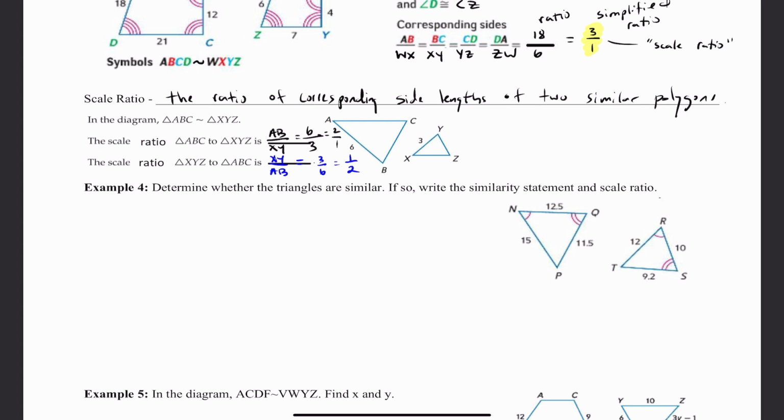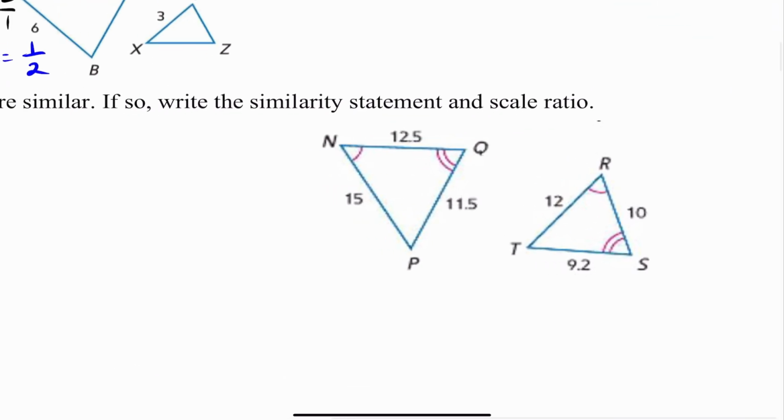Since we have our bigger triangle here and our smaller triangle here, I'm going to look from the smallest to the smallest side, the second biggest to the second biggest side, and then the largest to the largest side. So let's go ahead and take a look at this. This one is pretty easy.